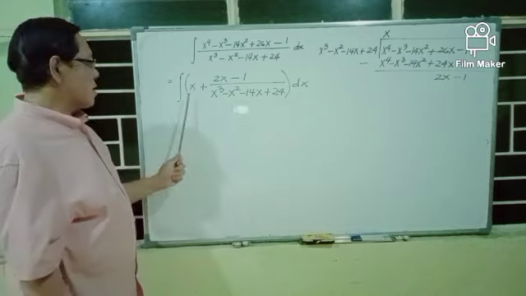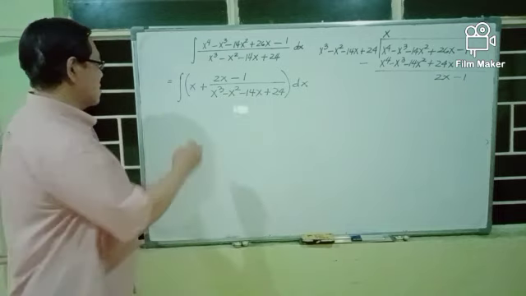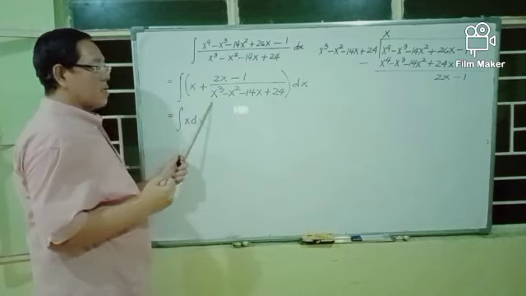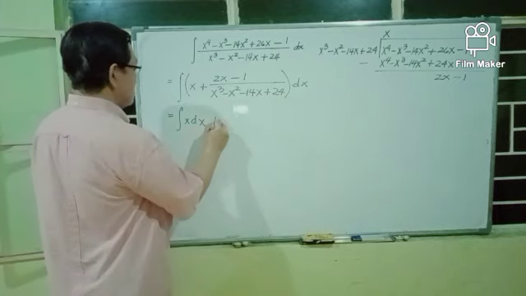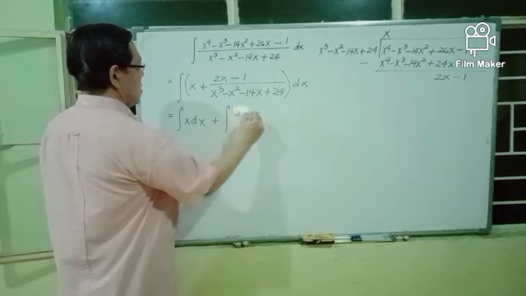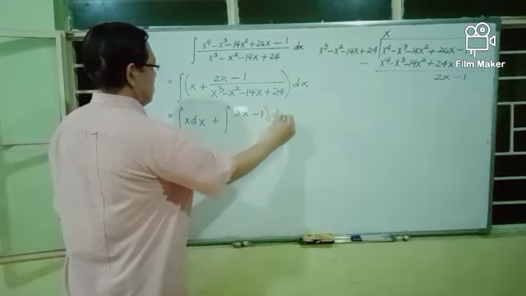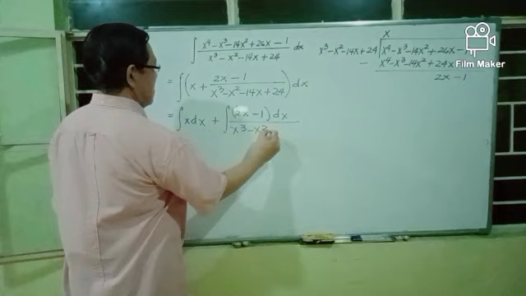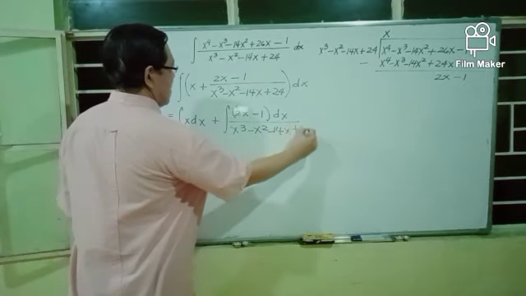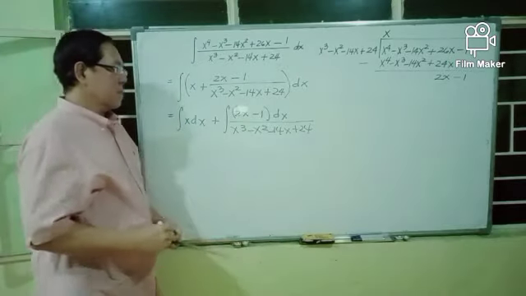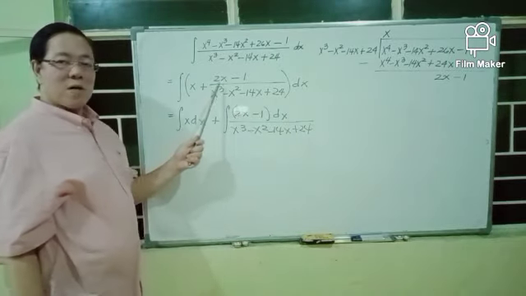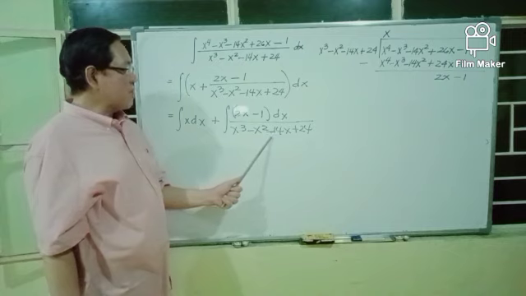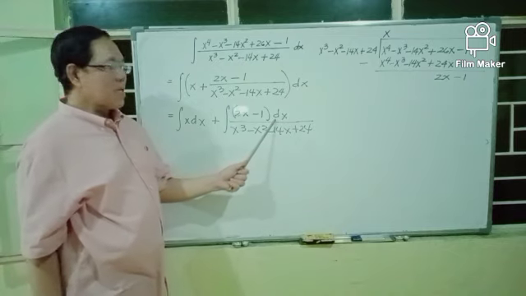This is now equal to the integral of x with respect to x plus the integral of this rational expression, 2x minus 1 over x cubed minus x squared minus 14x plus 24, and we integrate with respect to x.